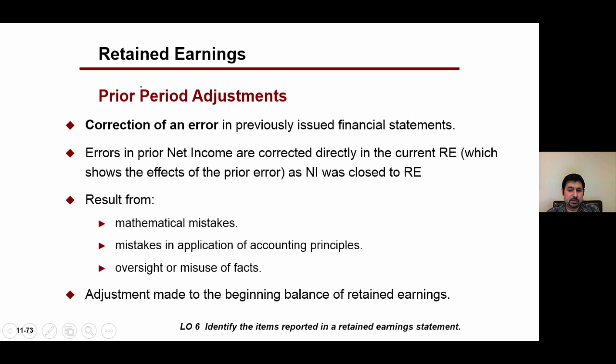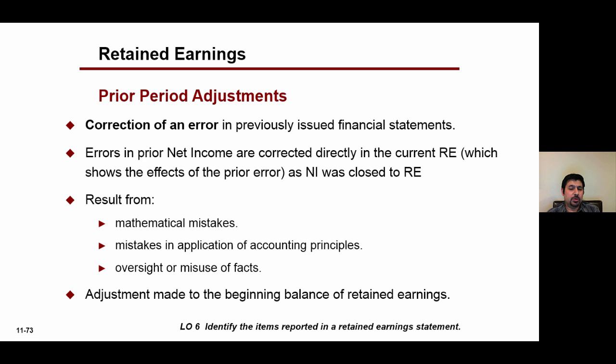Now, in certain cases, there might be an error. The company might discover an error in the financial statements. If the company discovers an error, they have to correct it. If there was an error in net income, at the end of the accounting period the company closes net income, basically income summary, to retained earnings.